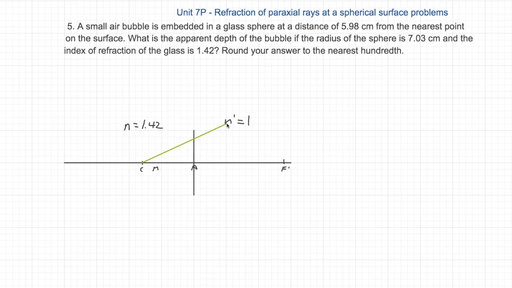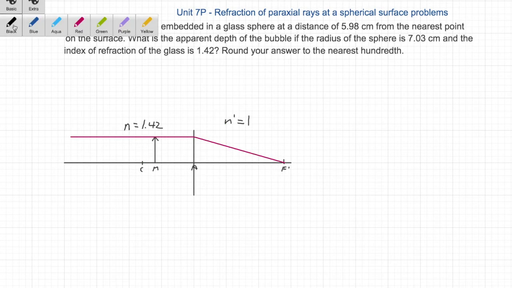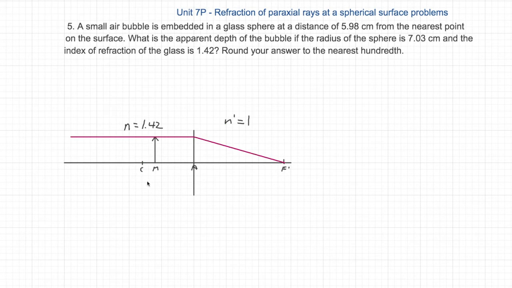And therefore, F prime is on the right side of this concave surface rather than where we usually find it on the left side when the relative indexes are reversed. So we've drawn our line through the normal, and the parallel ray will be bent away from the normal to F prime. This is why F prime is on the right side. Let's get rid of the normal.